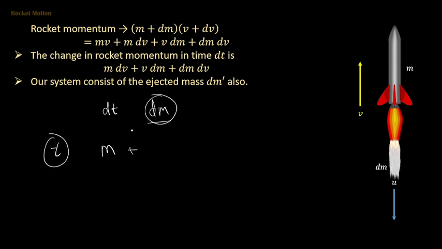At the beginning, the mass m includes the mass dm, which represents the mass of hot gases which would leave the rocket system in time dt. So our system actually consists of the entire rocket, and in time dt the mass dm of hot gases will leave the rocket, but it is still a part of our system.